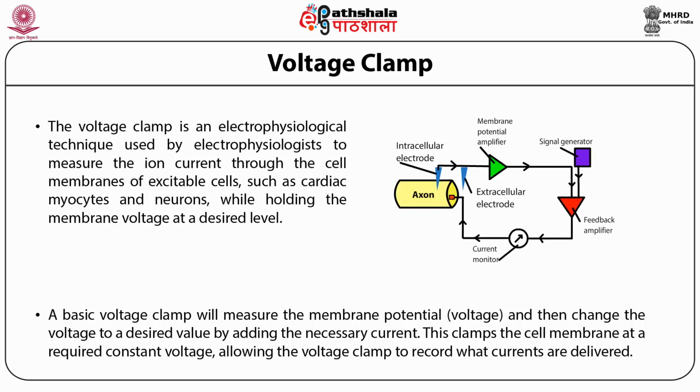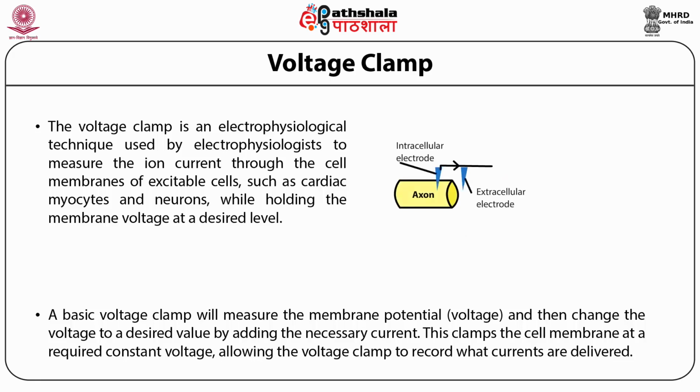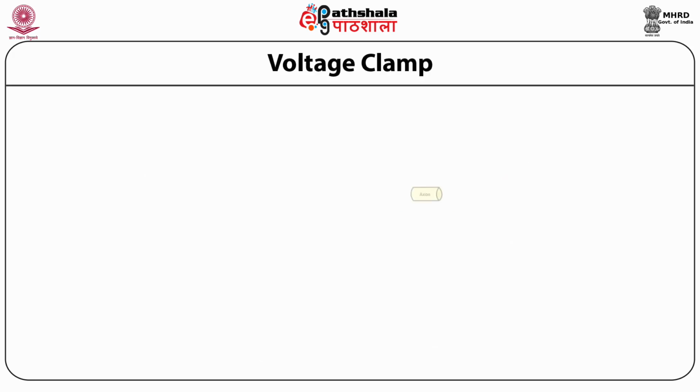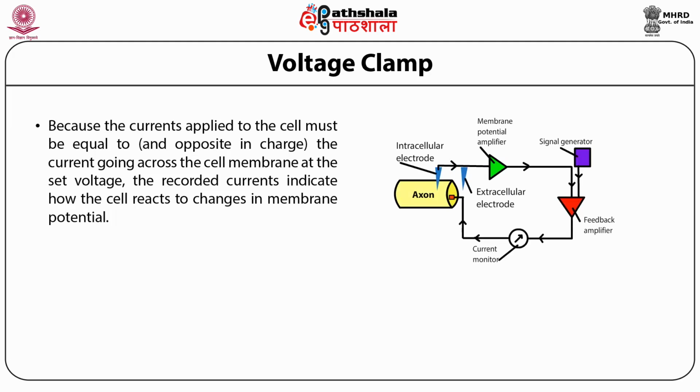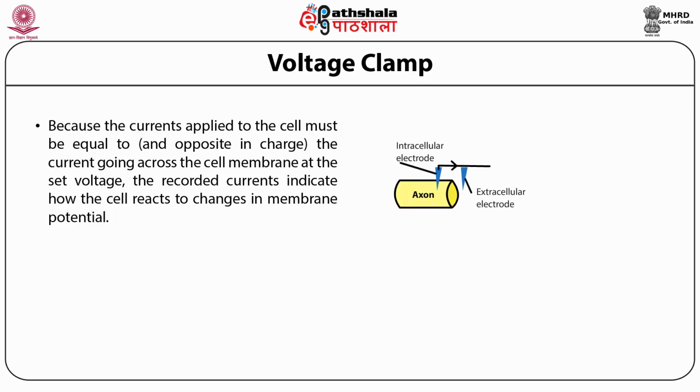This clamps the cell membrane at a required constant voltage, allowing the voltage clamp to record what currents are delivered. Because the current applied to the cell must be equal and opposite in charge to the current going across the cell membrane at the set voltage, the recorded currents indicate how the cell reacts to changes in the membrane potential.